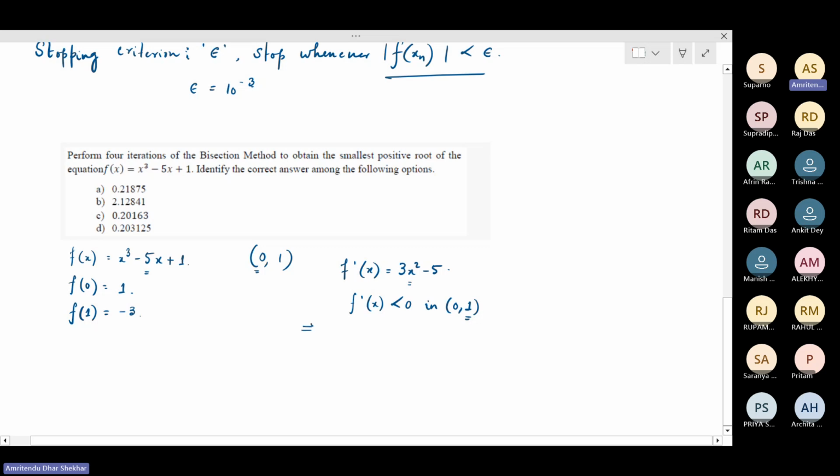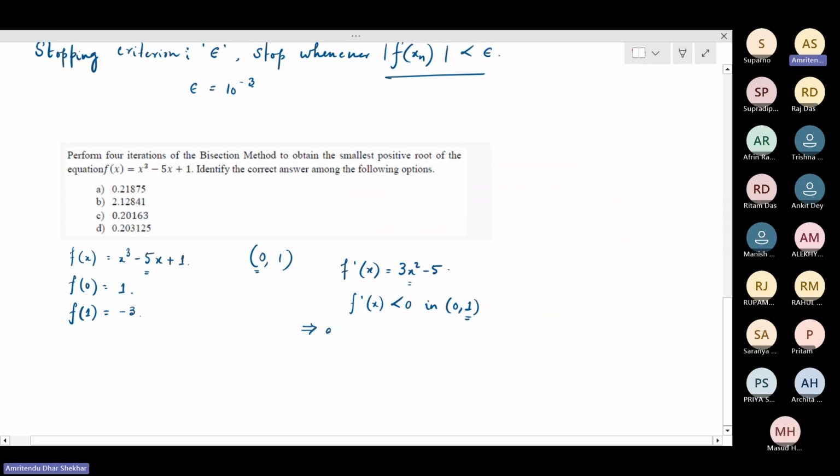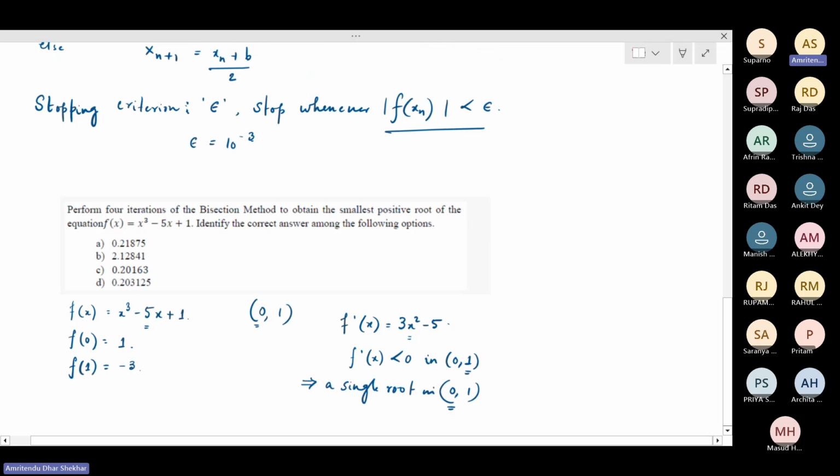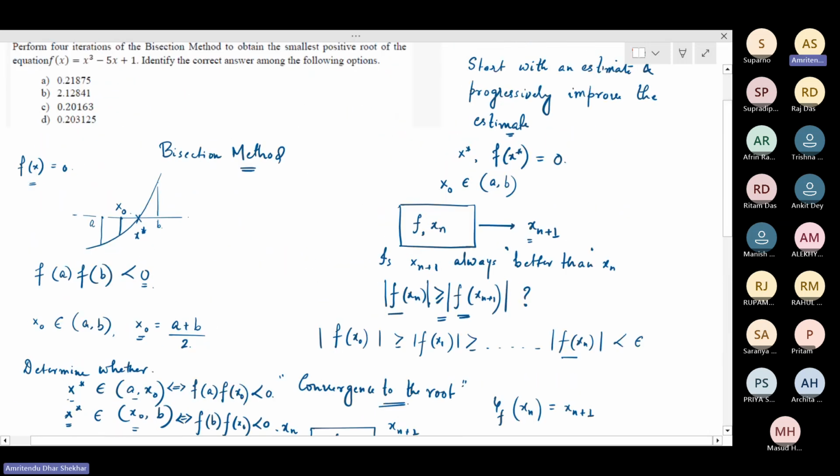For the bisection method to work, you require that in the interval you are working with there is a single root, because if there are multiple roots, it's possible that it converges to one root or the other.